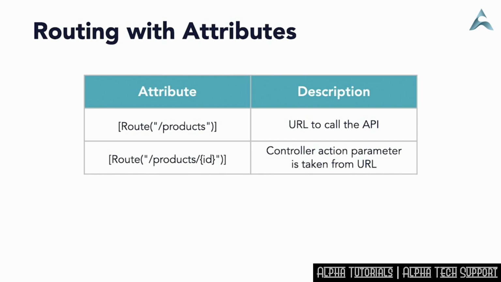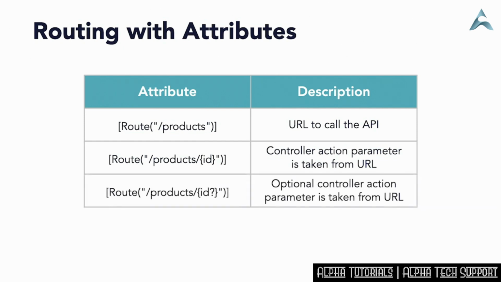So we would have maybe an action method called GetProduct, and then in parentheses, int id or string id, depending on the data type. And that would be filled automatically with the data from the URL. If you would like to have optional parameters, the syntax looks like the one you already know from C# and other languages. So just add the question mark, and then ID is optional. And so the data type in the action method is not, say, int, but instead nullable int.